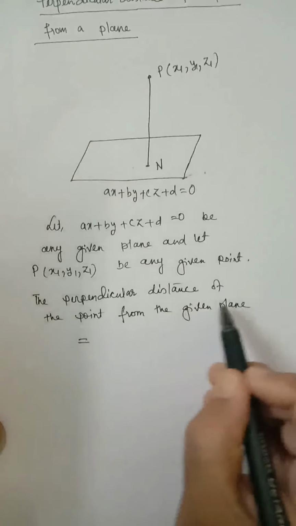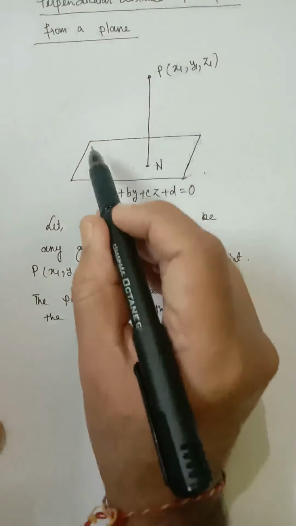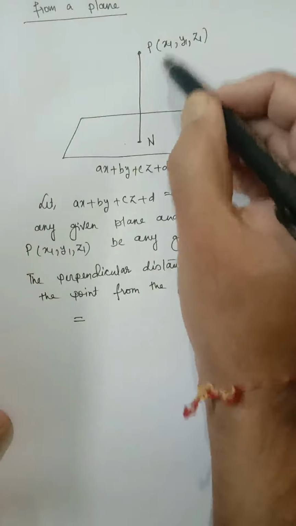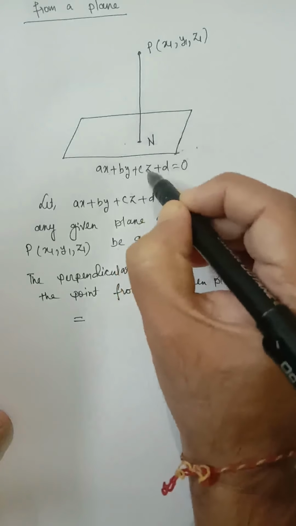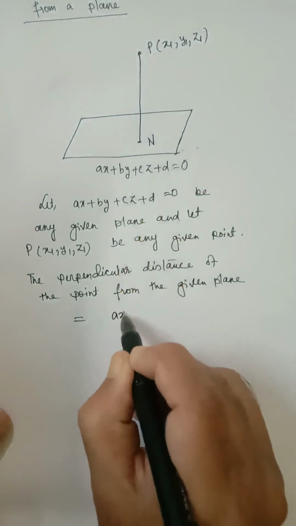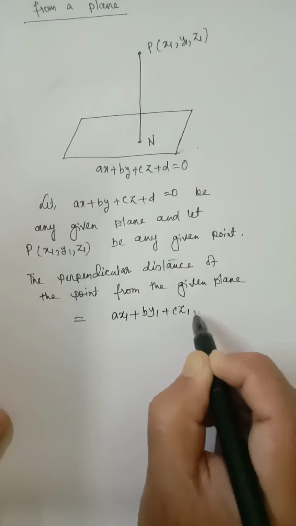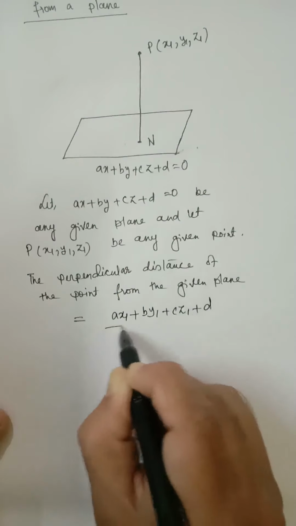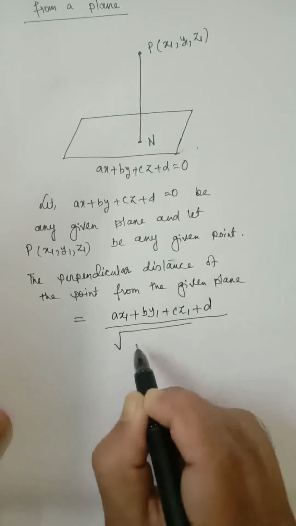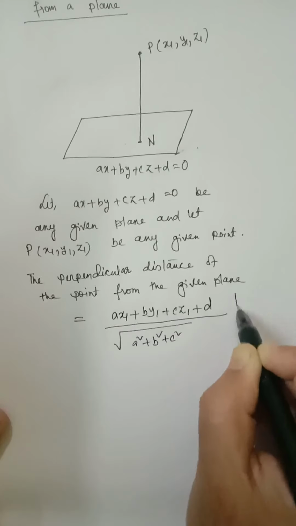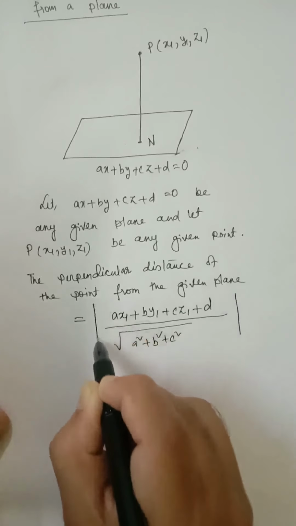Now the perpendicular distance of this point from the given plane is, what we have to do, we put x equal to x1, y equal to y1, z equal to z1. It will be modulus of (ax1 plus by1 plus cz1 plus d) divided by root over a square plus b square plus c square, modulus sign as distance is always positive.